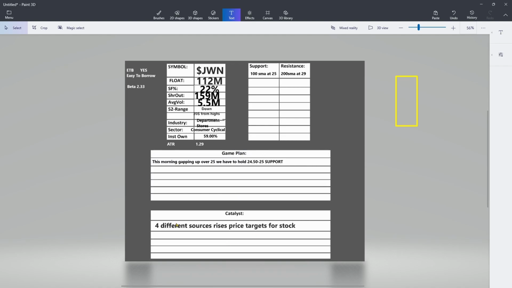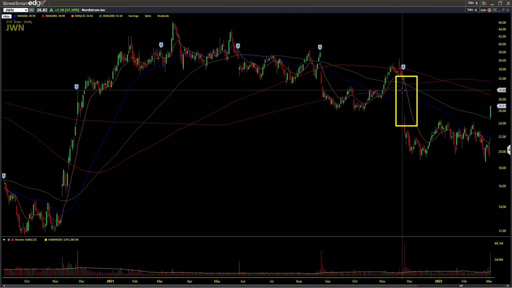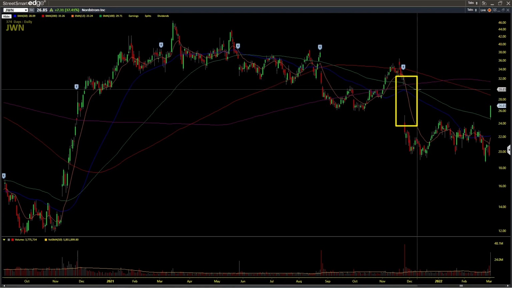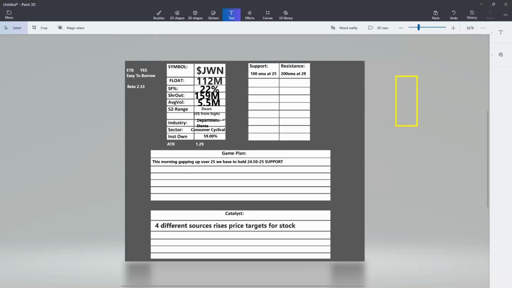And then go back into this, and now I see that with this gap here, it's got the gap fill all the way up here to about $32, I'm gonna say. But remember, our 200-day moving average is right here at around $28, $29. So 28 is going to be resistance and $30. Pull this back up, get my text back out.